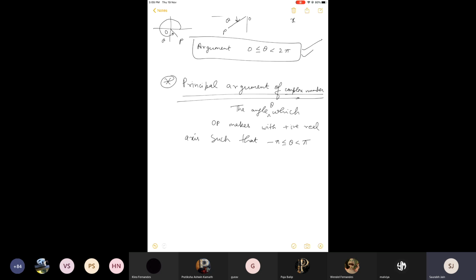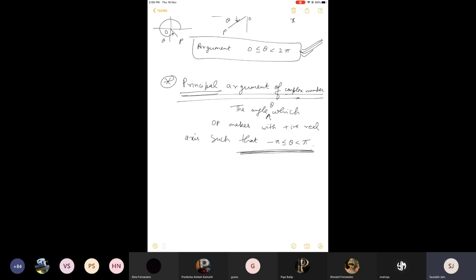Pi is open, minus pi is in the closed interval. Till now you were studying argument. What is the interval of argument? 0 closed to 2 pi. But now they have introduced one more term, principal argument. So what are they saying about principal argument? They are saying that it is the angle theta which OP makes with the positive real axis such that its interval is minus pi closed to pi.